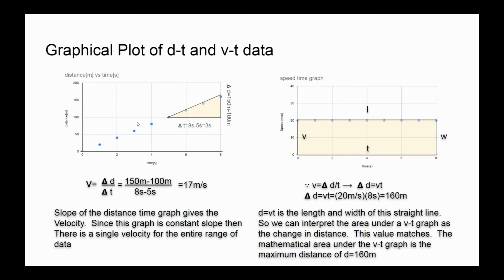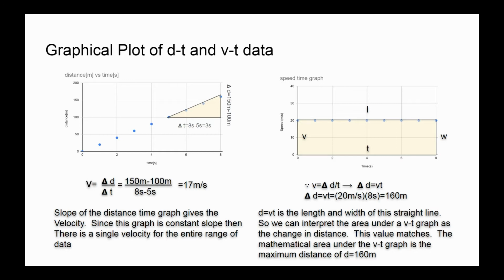So the slope of a distance time graph will create the speed time graph. Speed times time can be interpreted as the area of this shape. Time would be the length and speed would be the width. So we can have areas that are not necessarily square meters.